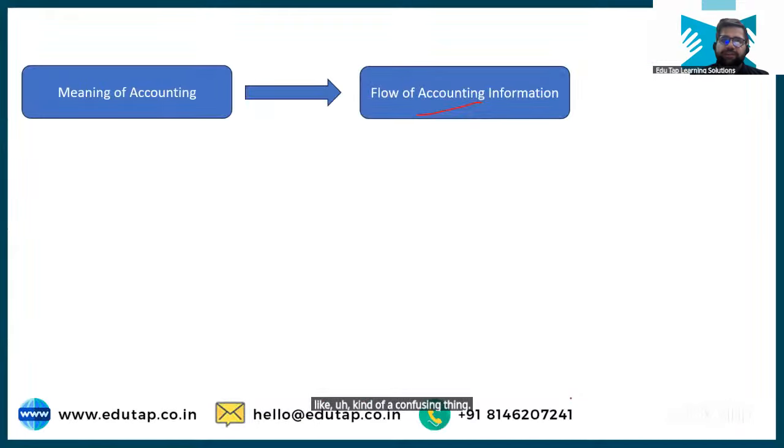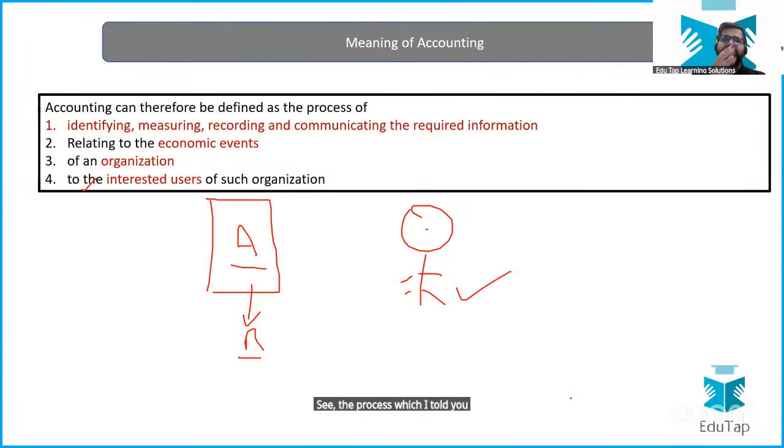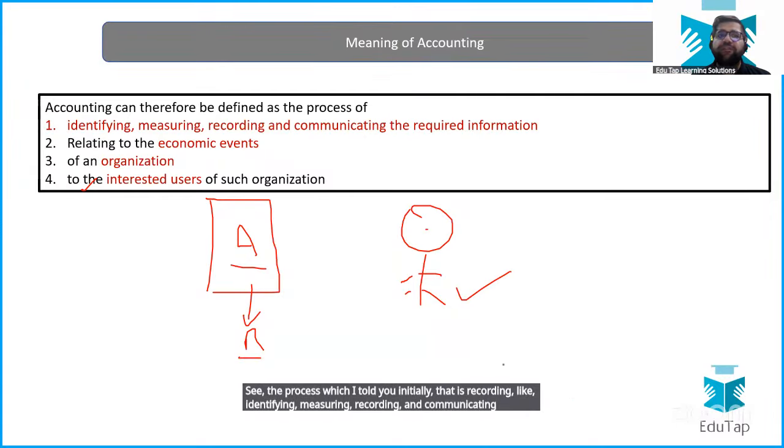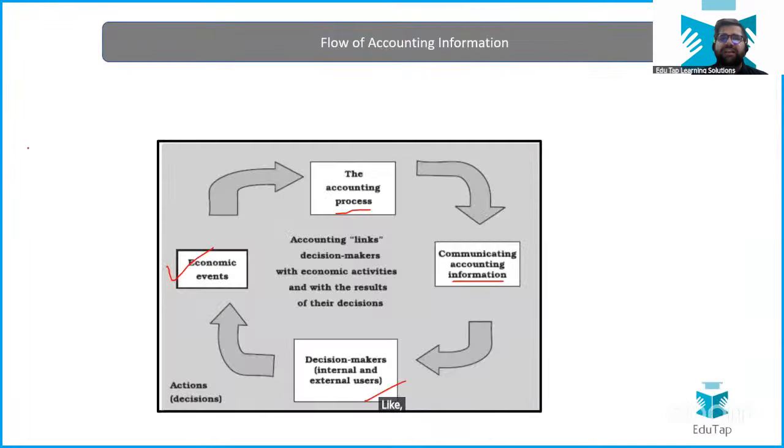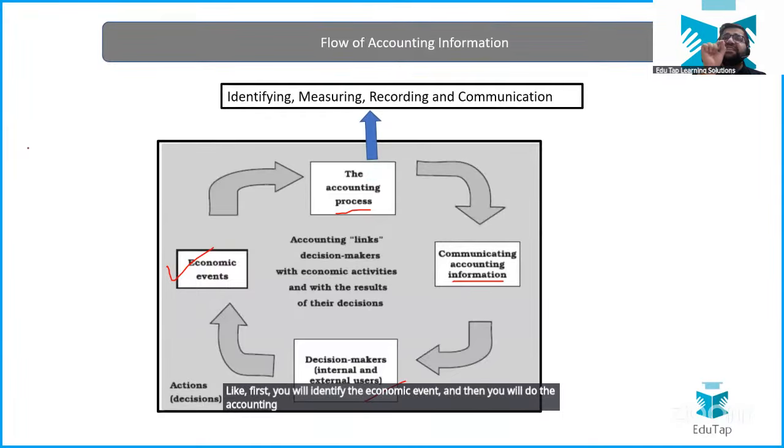See, the process which I told you initially, identifying, measuring, recording, and communicating the required information related to economic events, over here I'm mentioning one single economic event. First you will identify the economic event, and then you will do the accounting process for each and every entry.